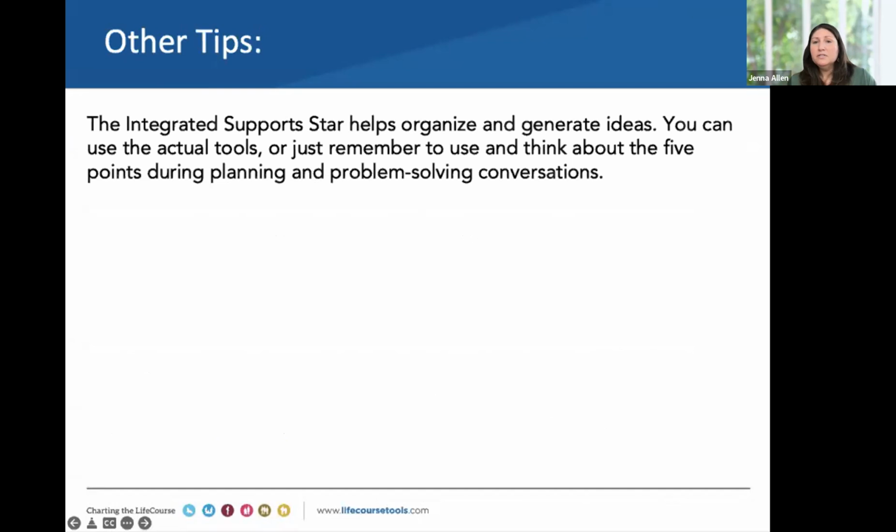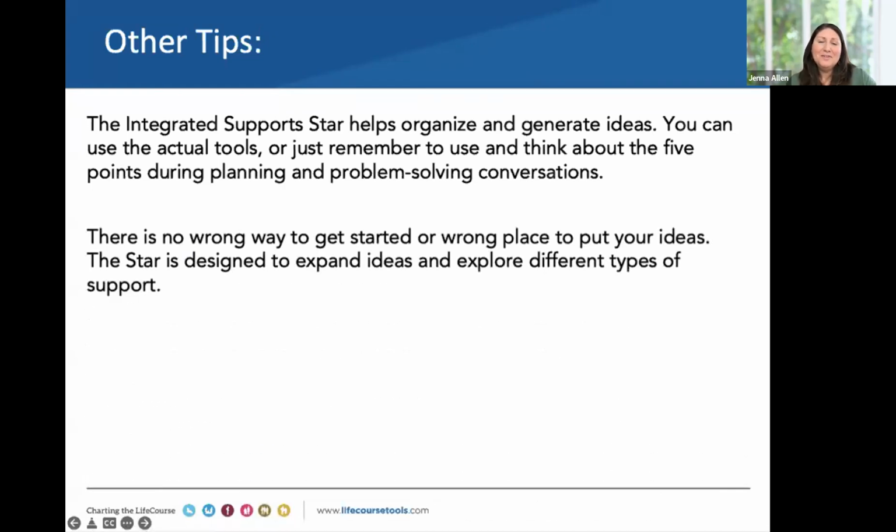But you can also use these same principles just on the fly and in a conversation. You've got 5 different parts of the star. I think it's important just to consider those elements when you're having conversations about support to make sure, are we really looking at the whole array of resources that we could be using in this situation?